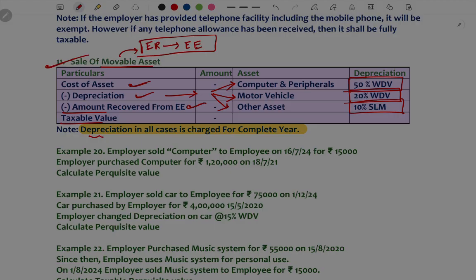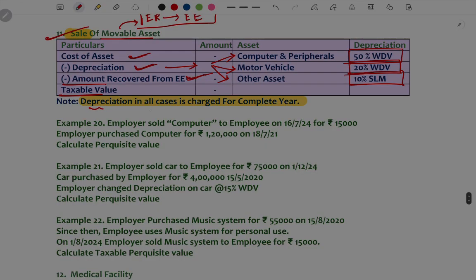Before, the employer was giving the asset to the employee for use, but here it is sale of the asset. The employer is selling the asset. So cost of the asset minus depreciation minus the amount recovered from the employee gives the taxable value. Computer or peripherals 50% WDV, motor vehicle 20% WDV, others 10% SLM. Depreciation in all cases is charged for the completed year.